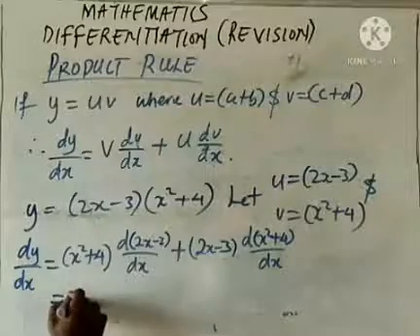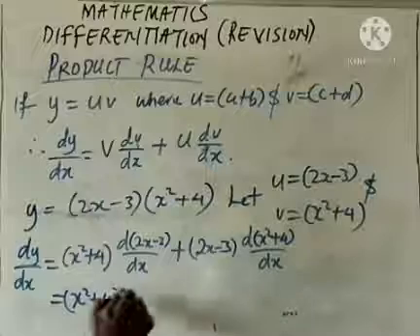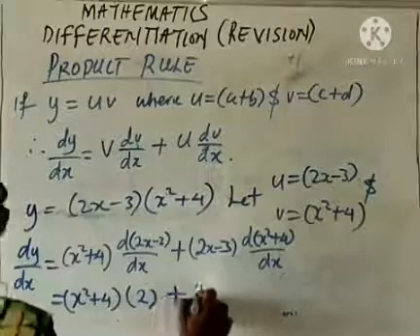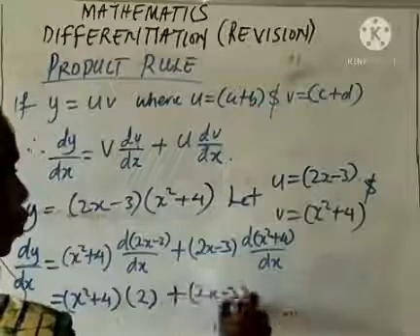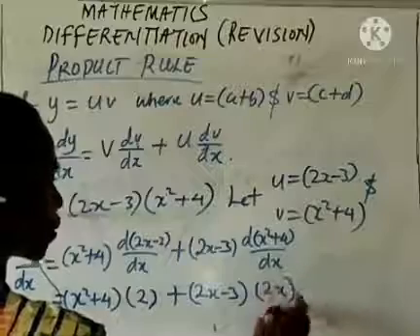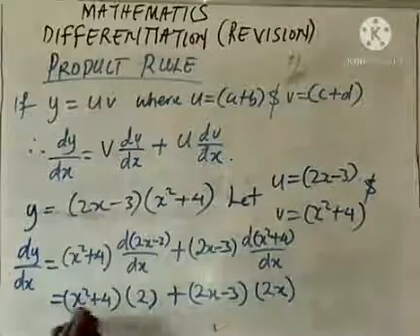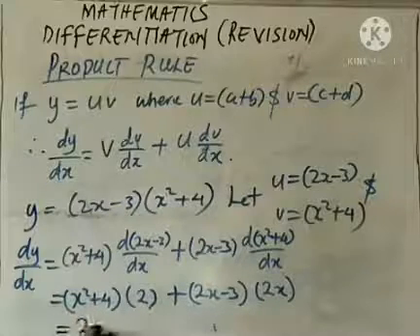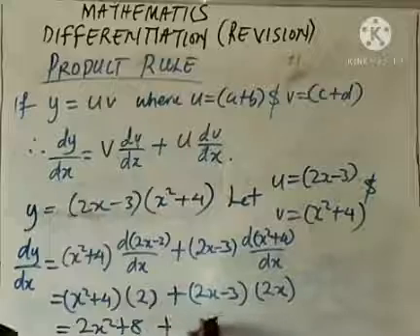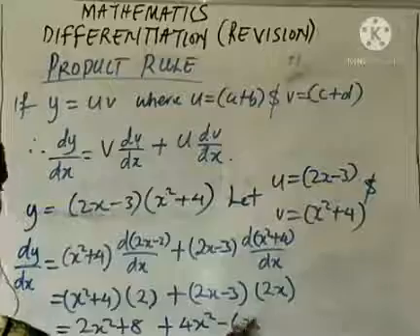So in this case, I'll have x squared plus 4 multiplied by the differentiation of 2x minus 3, which gives me 2, plus 2x minus 3 multiplied by the differentiation of x squared plus 4, which gives me 2x. Now, here I will have to expand. I will have 2 multiplied by this to give me 2x squared plus 8, plus 2x multiplied by this to give me 4x squared minus 6x.